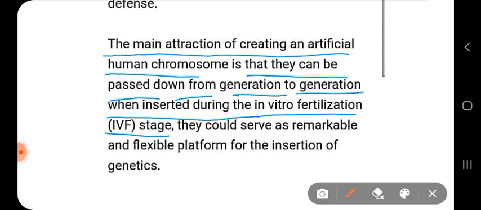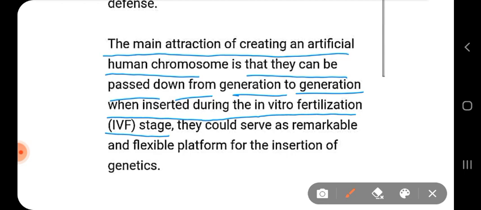I think you have studied in vitro fertilization, where we use a surrogate mother for conceiving the matured egg, the matured zygote, which is manipulated within the laboratory. At that time we can introduce this microchromosome, and that chromosome containing desirable functional genes can be expressed into the next generation.